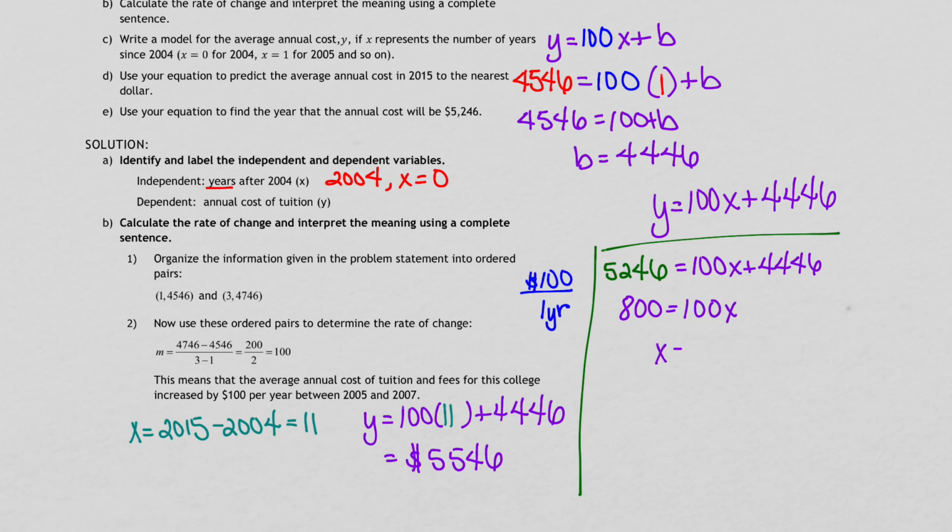Divide both sides by 100, and after 8 years is when the cost will be $5,246. So what's 8 years? We would take 2004, add 8, the year 2012.